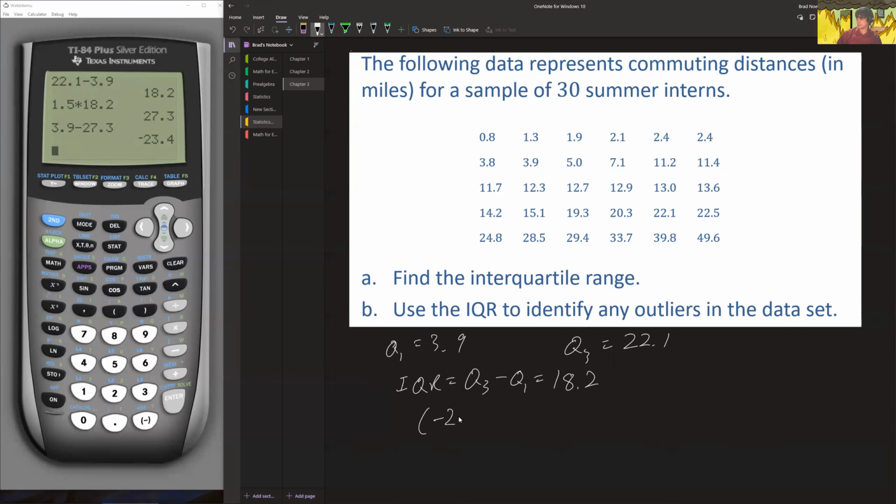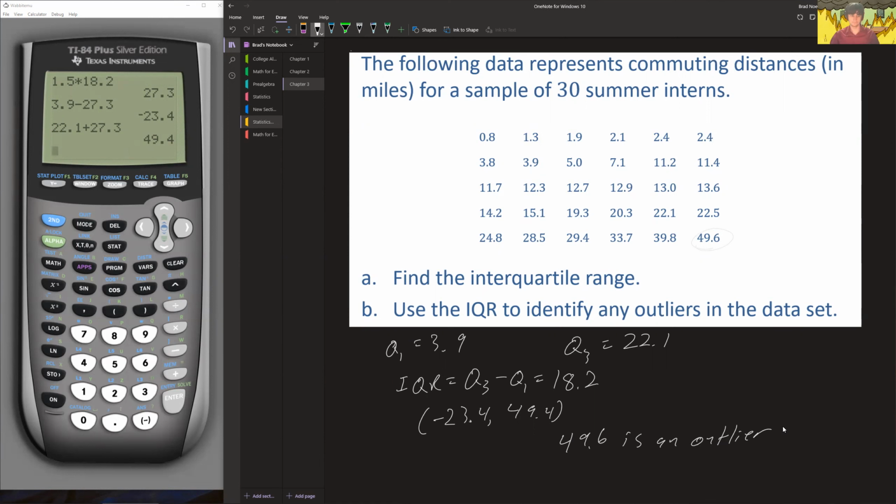So things need to be within negative 23.4 to 22.1 plus 27.3, which is 49.4. So I need to check to see, are there any data values that lie outside of this interval? Well, I take a look here and I note this 49.6 is sticking out. So 49.6 is an outlier.